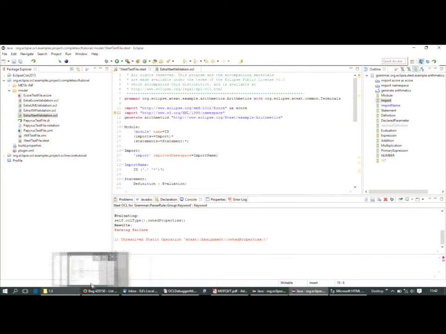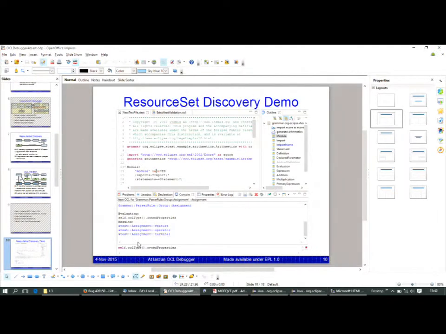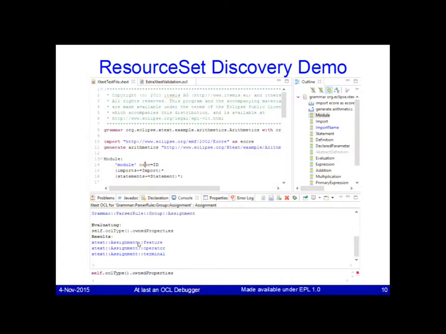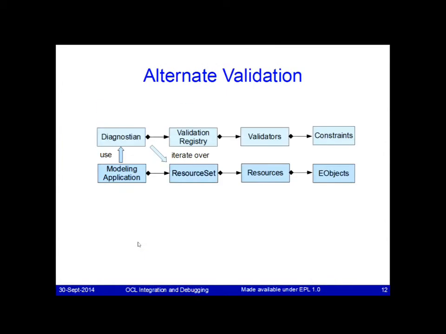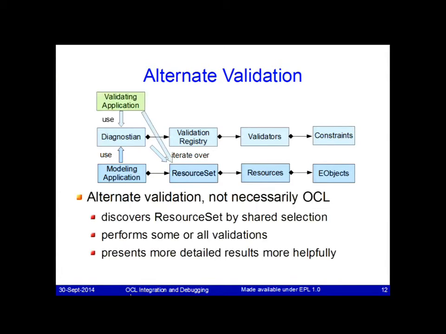So if I carry on with the slides. This is the basic validation I've shown you. We can expand on this by having another application that makes use of the Xtext selection to give us a different validation algorithm, so that you can go over the resource set and look at the validation in a different way.